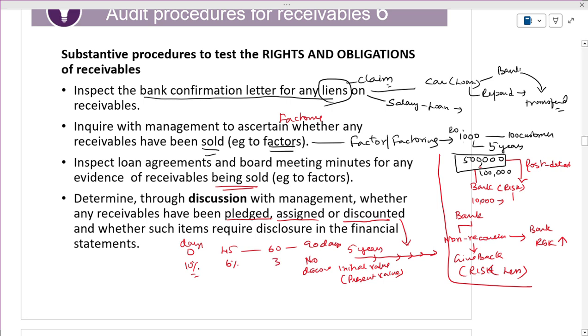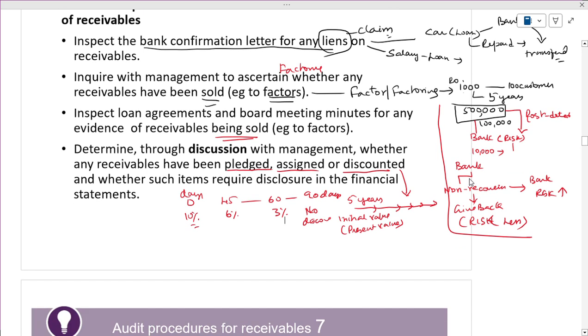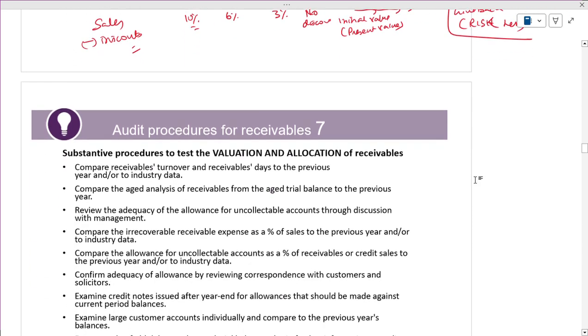Here we are giving a discount of 3%. That is the reason. Whenever you are doing, you will say sales minus discounts. All the things, the procedure has to be worked out in detail. This is one.